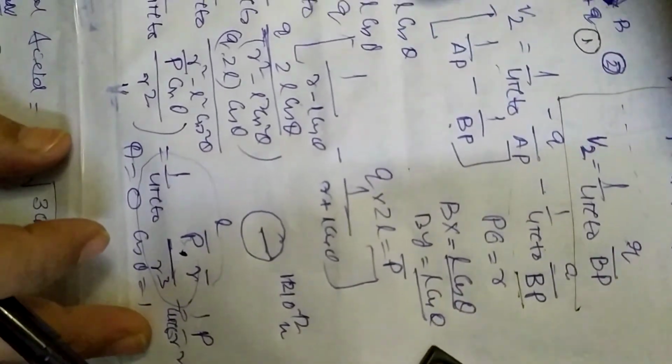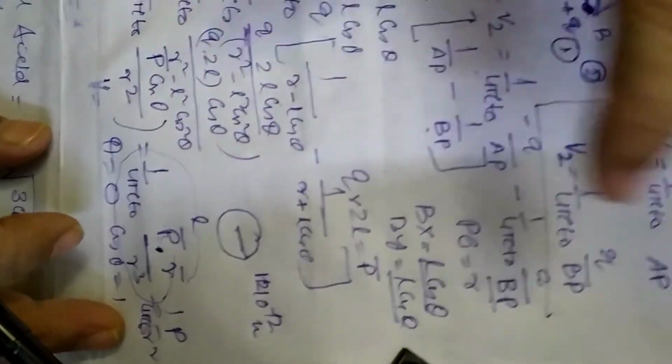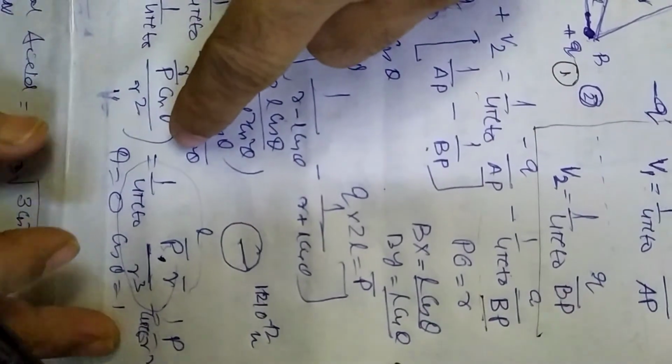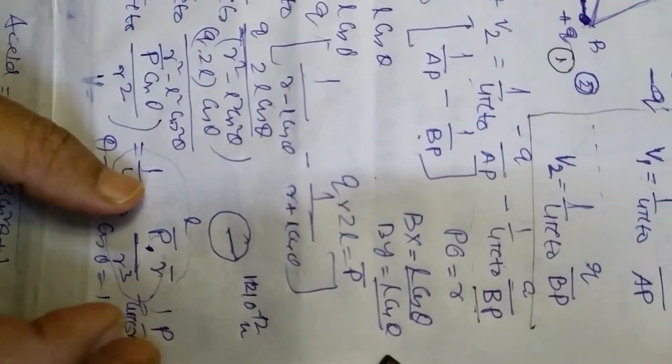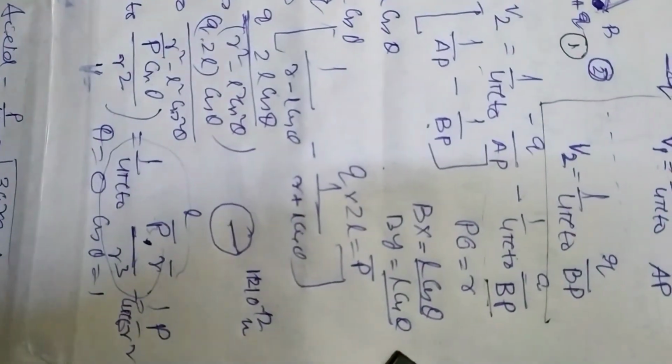If you are correct up to this point, you will get 2 marks, and if you go further and arrive at this specific equation, you will get 3 marks. So like this, 3 marks are given.